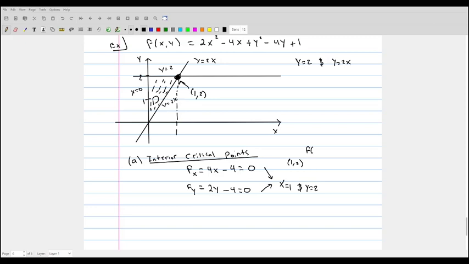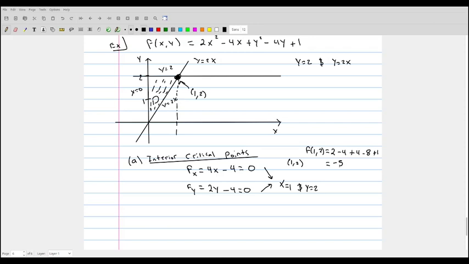And at this point, our function is going to be what you get when you plug this point in. So it's going to be 2 times 1 squared minus 4 times 1 plus 2 squared, which is 4, minus 4 times 2, which is 8, plus 1. So our function value at this point is going to be negative 2 plus negative 4 plus 1, or negative 5.